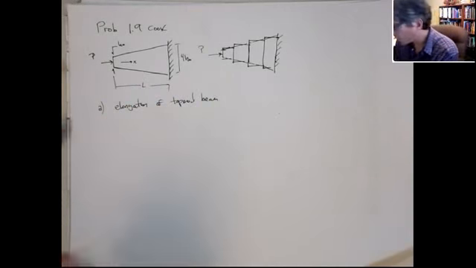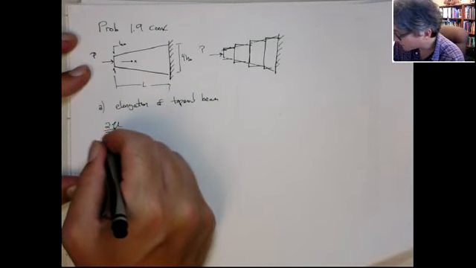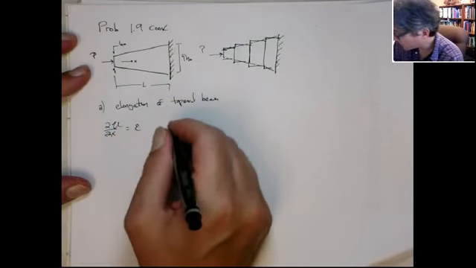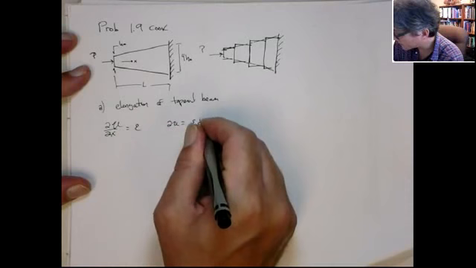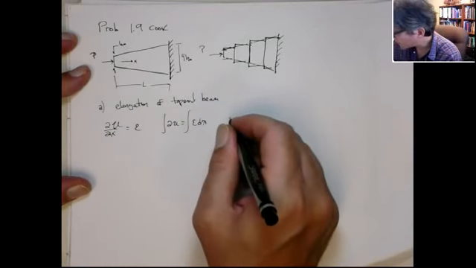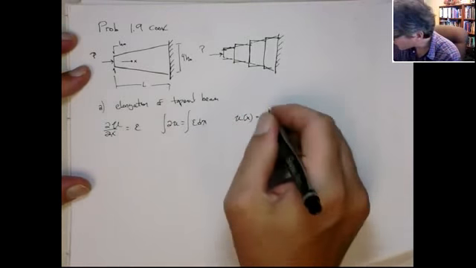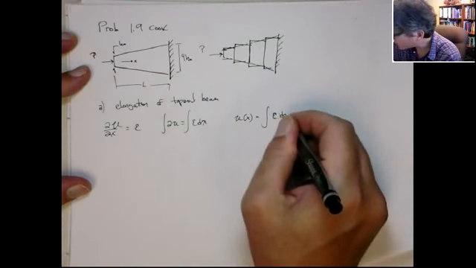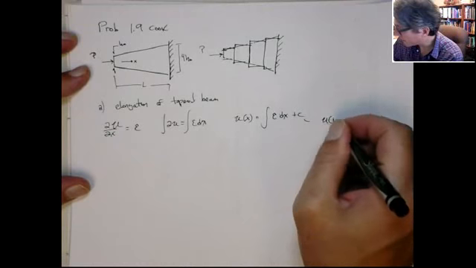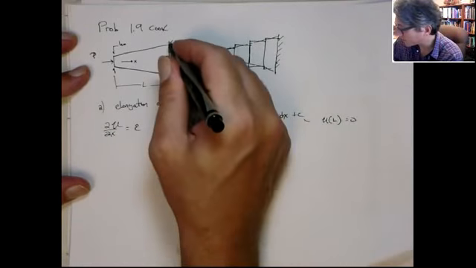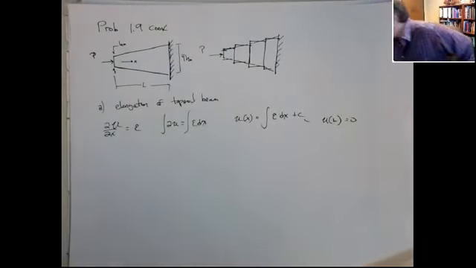So the way you do that is you know the derivative of the displacement with respect to x is the strain field, so epsilon dx, then you integrate both sides, and you get that the displacement as a function of x is equal to the integral of the strain dx plus a constant of integration, and the constant of integration is such that the displacement at x equal to L is equal to 0. Right, because that's the fixed point. This is x equals 0 and x equal to L.